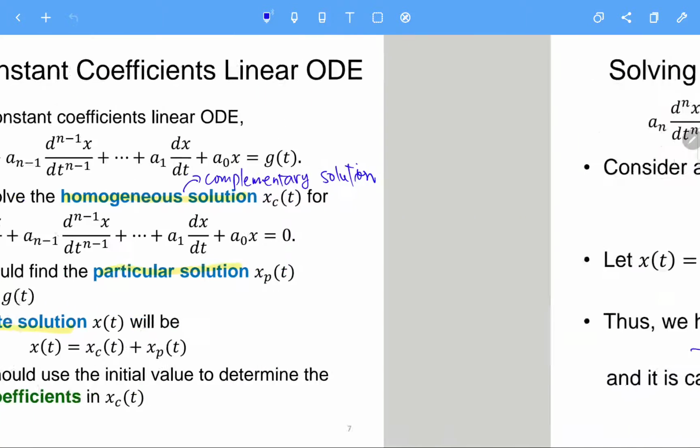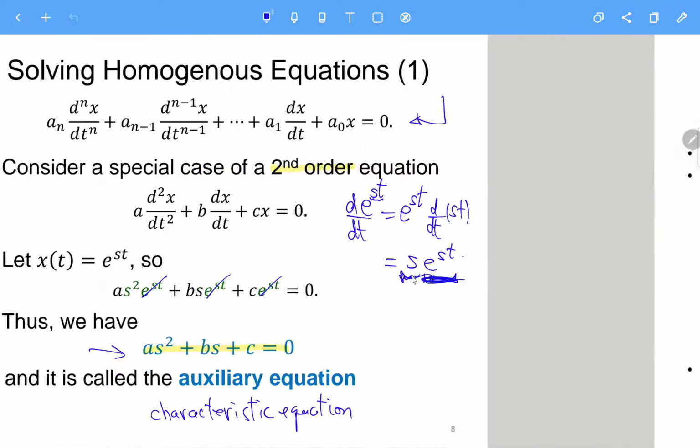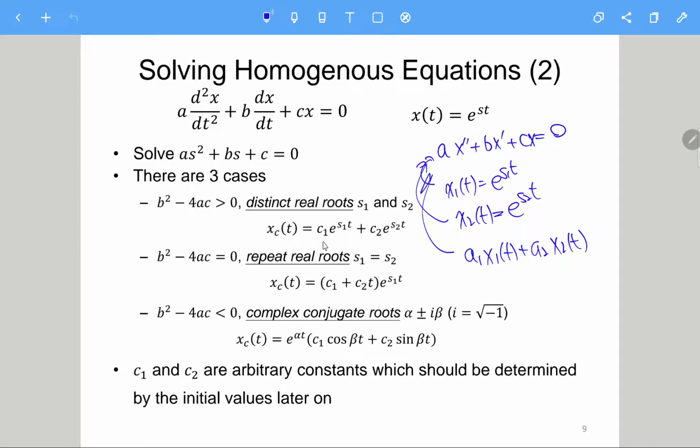So that's why we have the homogeneous solution, or the complementary solution, like this one. We have the roots s1, s2, so we have exponential of s1t times a constant c1, plus c2 times exponential of s2t.